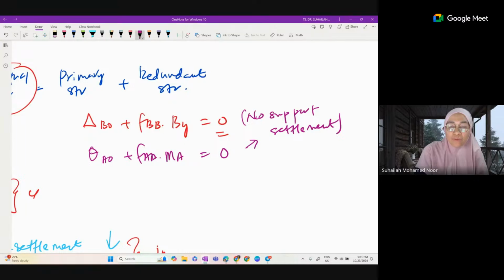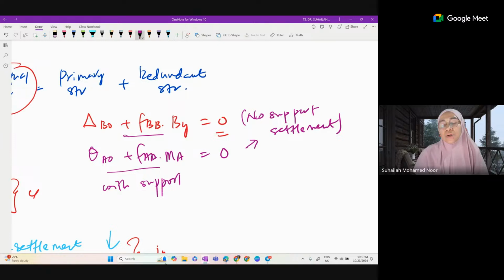Now, when settlement is given or mentioned in the question, it means that this equation and this equation, with support settlement, are not equal to 0.